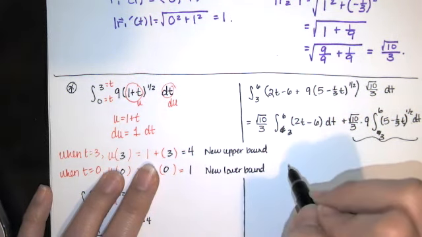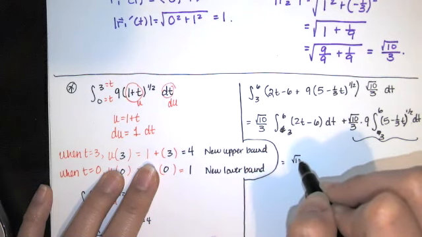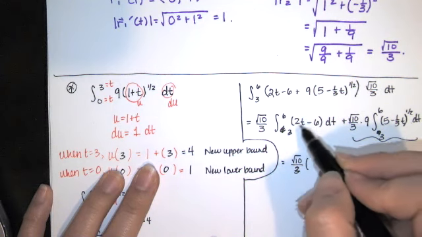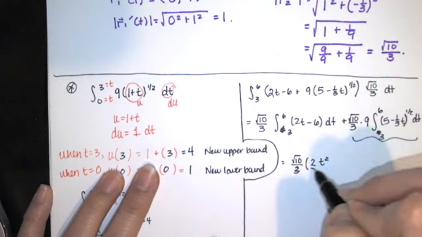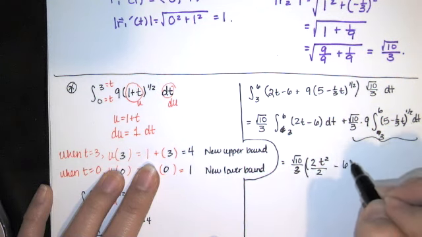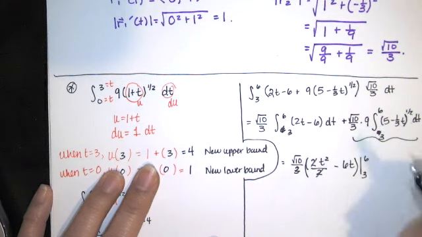But for this one, it's pretty straightforward. We'll bring the square root of 10 over 3 down. Then the antiderivative of 2t with respect to t is t squared, since you add 1 to the exponent and divide by the new exponent. The antiderivative of a constant with respect to t is that constant times t. Evaluate from 3 to 6.